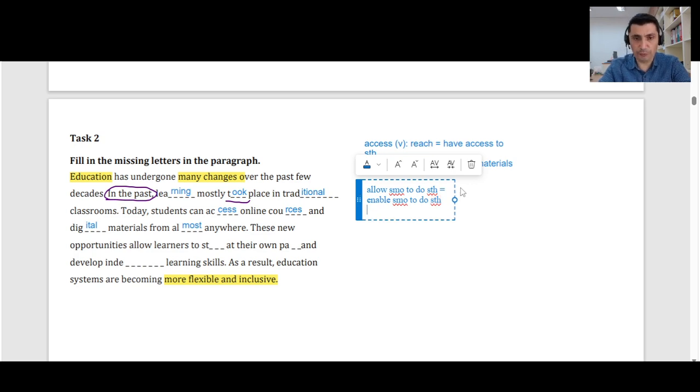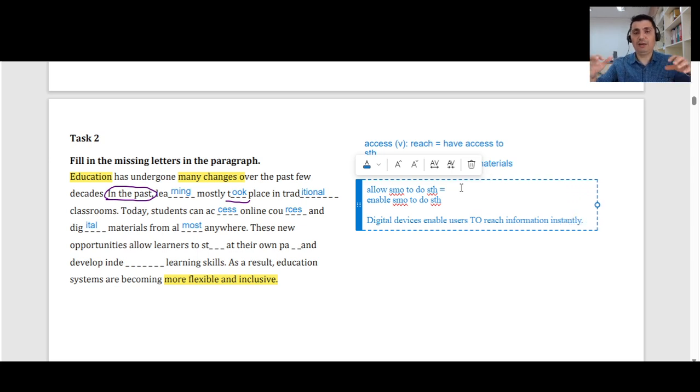So to give an example, digital devices enable users to reach, now here you need to reach information instantly, for instance. You can perfectly say digital devices enable users or allow users to reach information instantly.